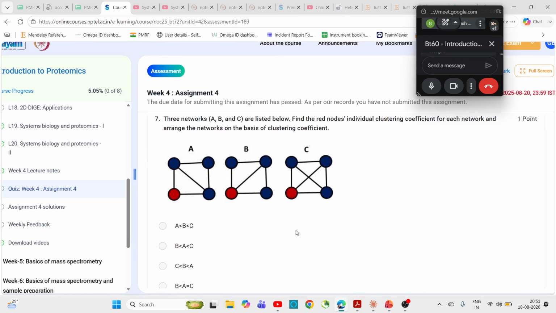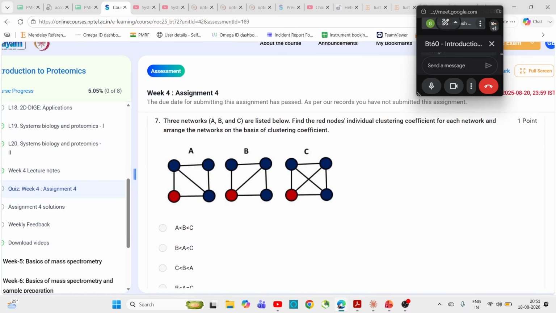Similarly, there are three networks A, B, and C listed below. Find the red dot's individual clustering coefficient. We just discussed the clustering coefficient formula, so you need to go through that formula and try to find the coefficients accordingly.